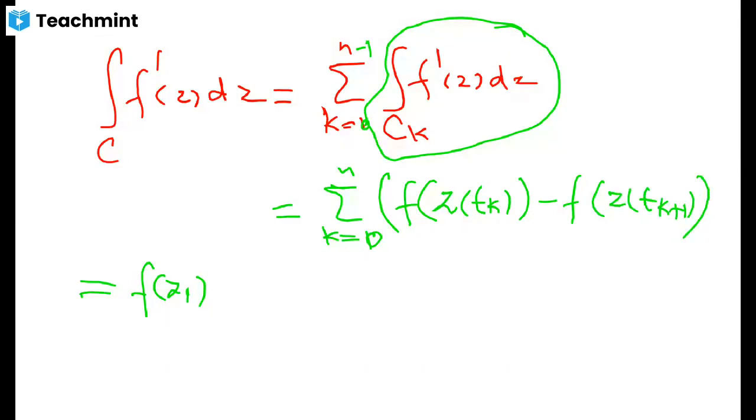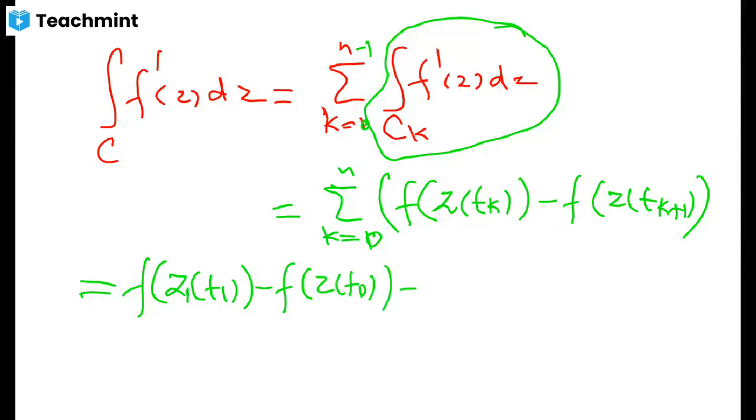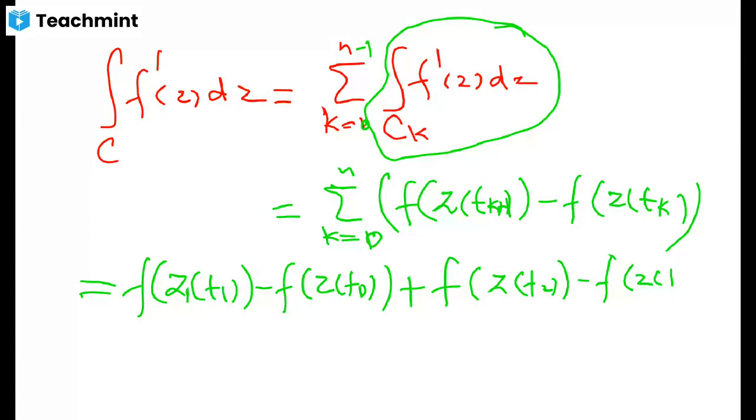So the first term that you will get is f of z of t1 minus f of z of t naught, and then the next term is f of z of t2 minus f of z of t1, and so on.